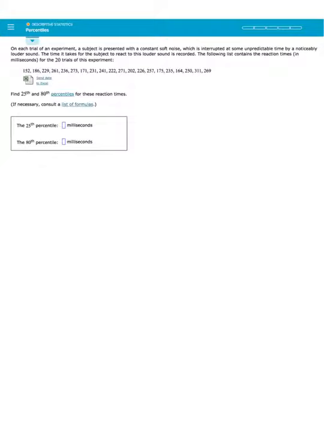We must compute the 25th and 80th percentiles. ALEKS shows you two methods of computing percentiles. I'm going to use what they call method 1.